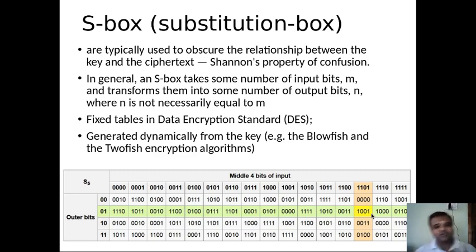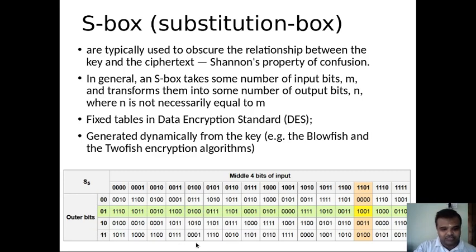Now let us look at another example. What might be the substitution if 6 bits of data come in as 1 1 0 0 0 1? Let us see how it happens. The outermost bits, 1 and 1, are taken.